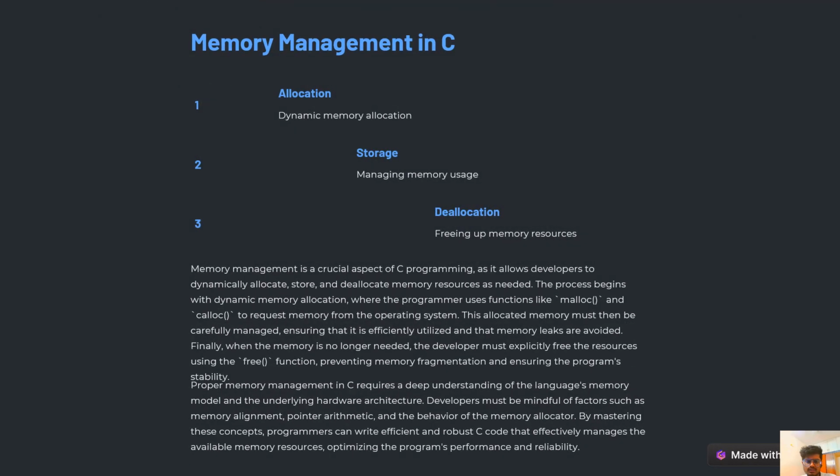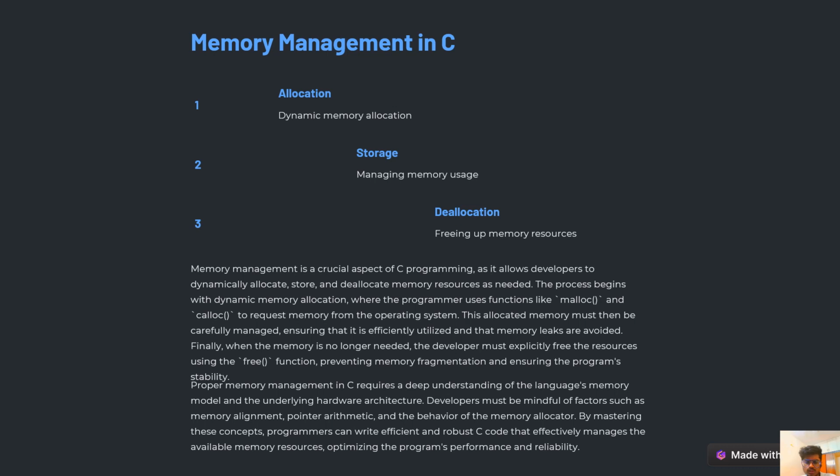Memory management in C. Memory management is a crucial aspect of C programming as it allows developers to dynamically allocate, use, and deallocate memory resources as needed. The process begins with dynamic memory allocation, where the programmer uses functions like malloc and calloc to request memory from the operating system.